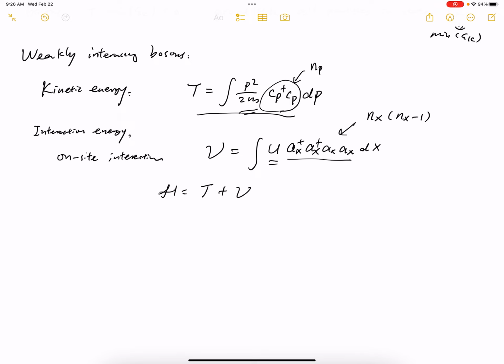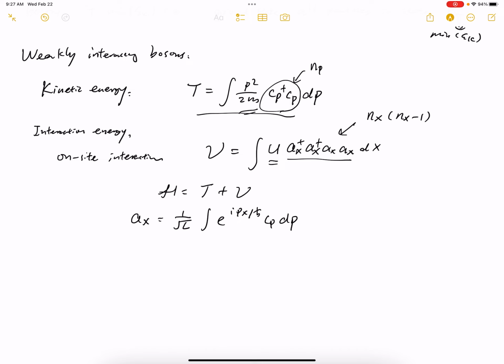In this case, we're going to change the interaction energy to the momentum basis as well, and this is something we did a couple of lectures back. We're going to do a Fourier transformation to convert the A_x to the C_p. It's a unitary transformation. So we can write A_x as 1 over square root of L, and then the integral of e to the i p x over h bar, C_p, dp.